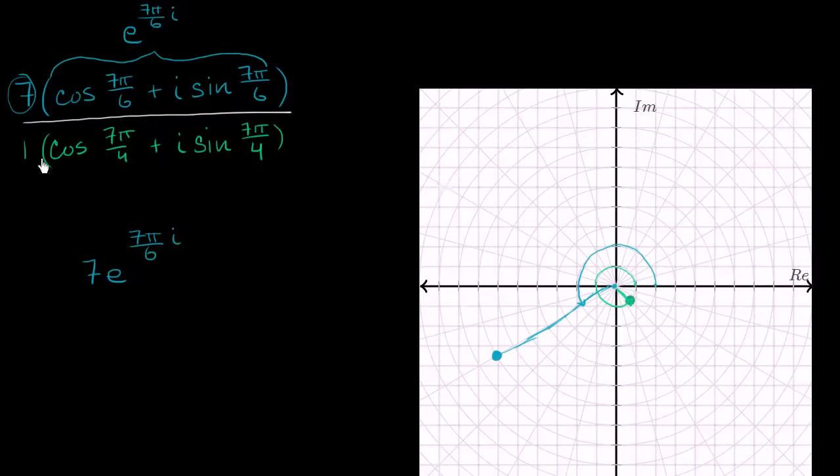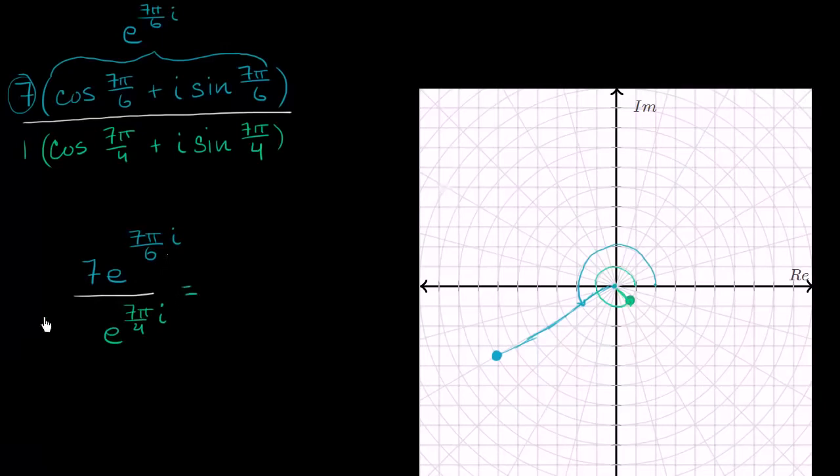And this bottom complex number can be rewritten as 1 times, so we don't really have to write the 1, but this bottom part right over here is going to be the same thing as e to the 7 pi over 4 i. And this comes straight out of Euler's formula. When you write it in this way, we can just use exponent properties to simplify it. We have the same base, and so we can just subtract this exponent from that exponent right over there.